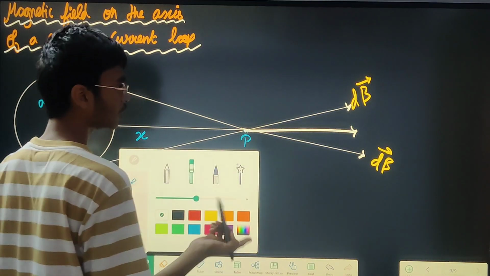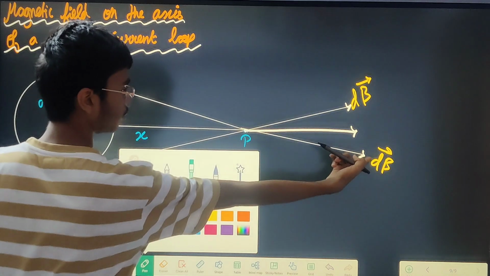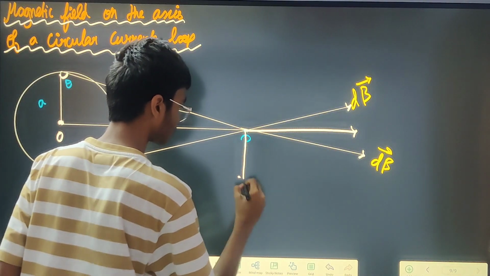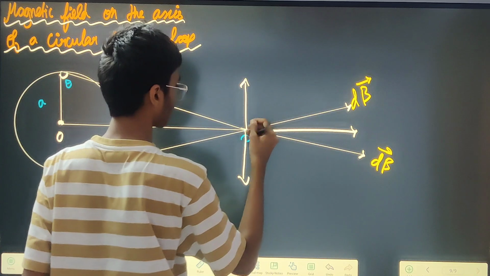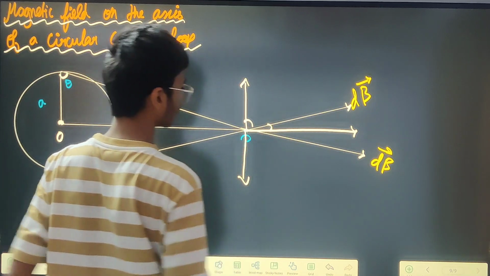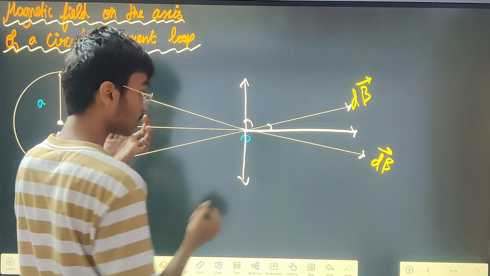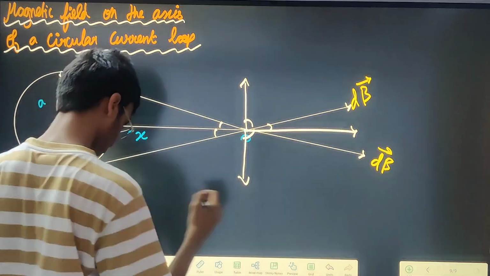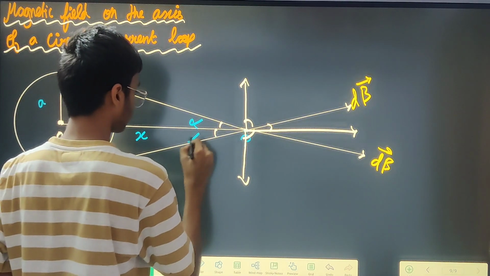Now I can also resolve that. If I resolve this one, I'm going to take like this and like this. If I take this as theta and this as theta, I'm going to name them alpha.